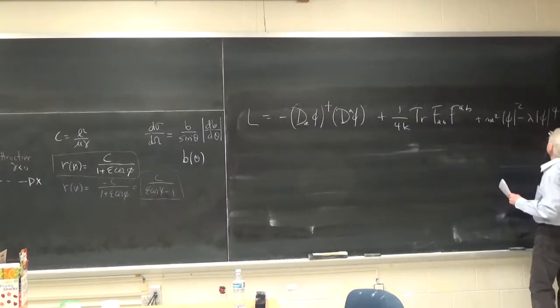And phi to the 4th here really means absolute value phi squared.